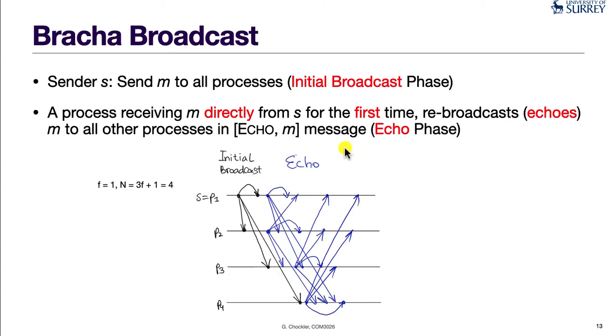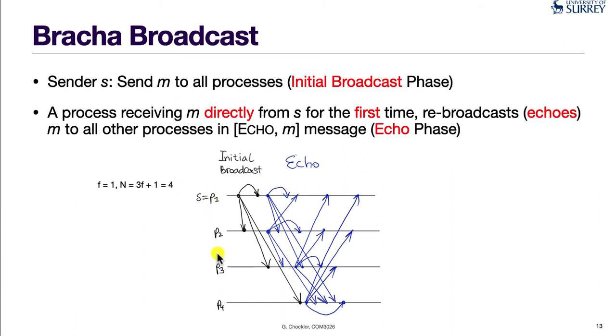So here is an example of the first two phases of the Bracha broadcast algorithm. In this example, as in all the examples in this lecture, we will assume that we have at most one Byzantine process, and we have in total 3f plus 1, with f equals 1, so 4 processes in the system.